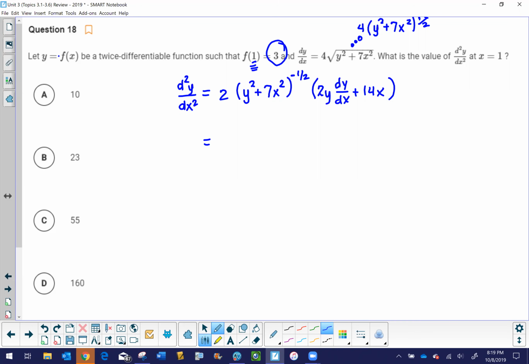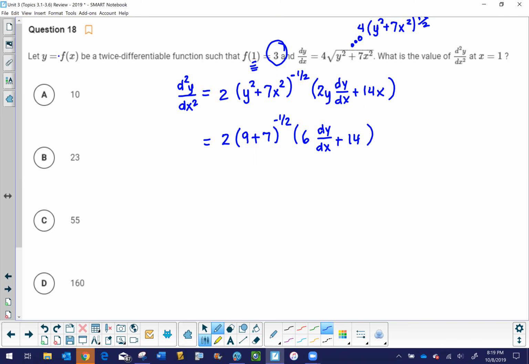Okay, so we just go into this thing, replace the y with the 3. So this is going to be a 9, right? And then 7 times 1 squared is 7. Oh, look at the wonderful favor they did for us. 9 plus 7, 16, perfect square. Doesn't get better than that, does it, kids? 2 times 3 is 6. There's our dy/dx. 14 times 1 is 14. Now, if I could just get you guys to simplify this, but wait a minute.